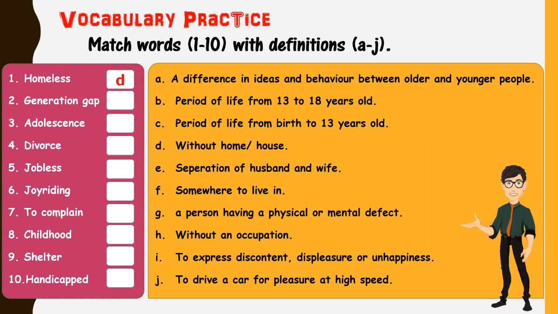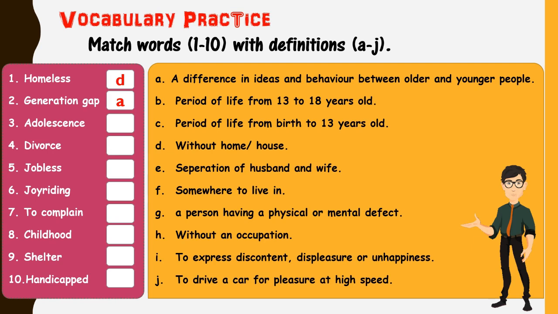Let's correct the task now. The second word is generation gap. This refers to a difference in ideas and behavior between older and younger people. You already know that parents and children, old and young people, seem to have some problems, sometimes based on the difference between their ideas or their mentalities.